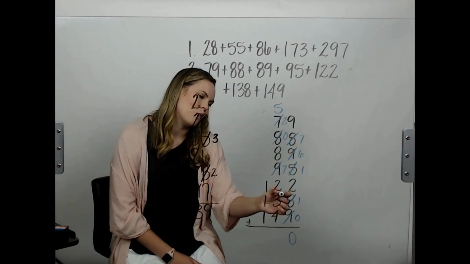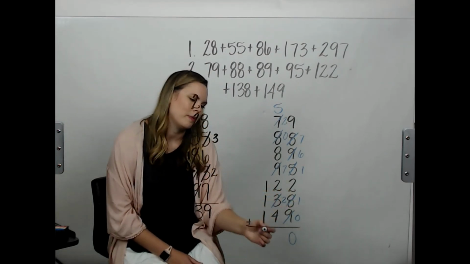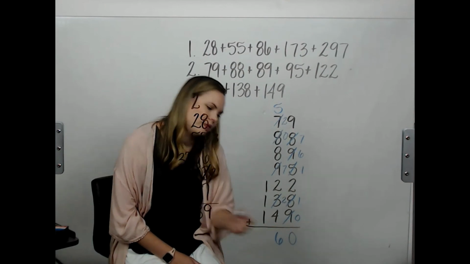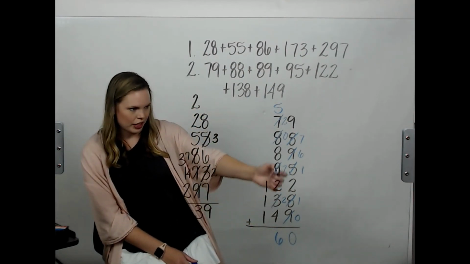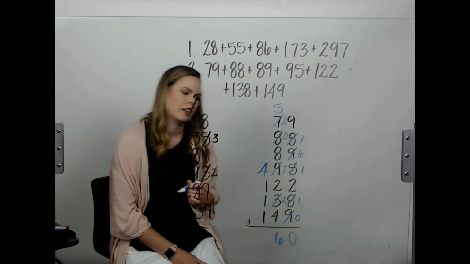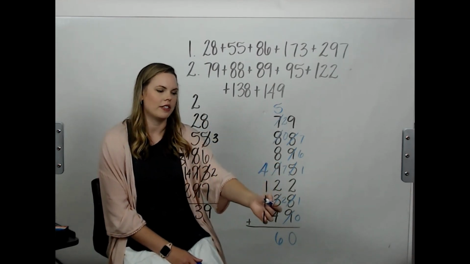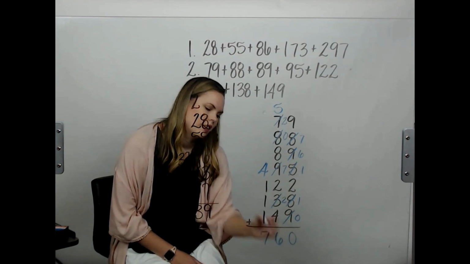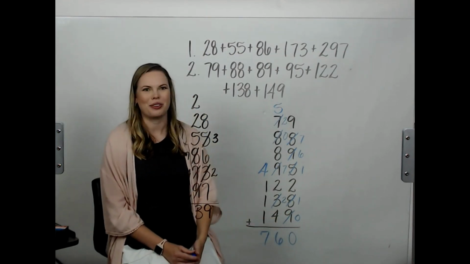Plus 3 is 12. 2 plus 4 is 6. And we have 1, 2, 3, 4 scratches. Okay, 4, 5, 6, 7. So 760 is our total there.